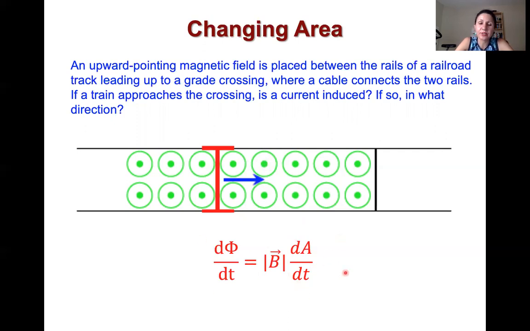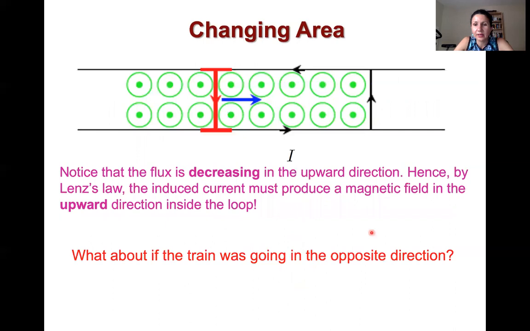Again, I'm not putting the cosine theta there because I'm assuming, as you see here, that the normal, which is sticking out of the board, is in the same direction as the magnetic field. So let's apply Lenz's law here. In which direction is there going to be a current? You may already see the answer, but let's reason through this. As the train moves in this direction, the magnetic field is decreasing out of the page, because we have our magnetic field sticking out of the page, but now we have less of it.